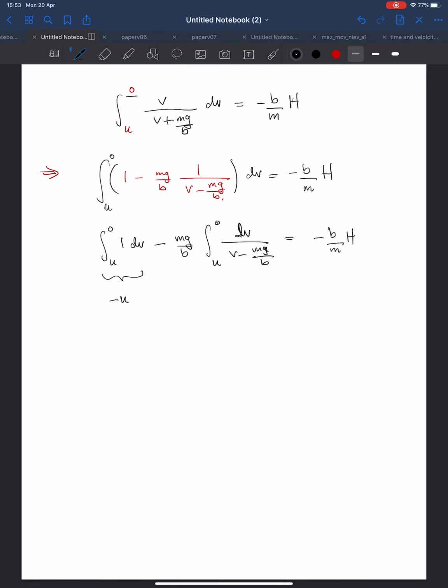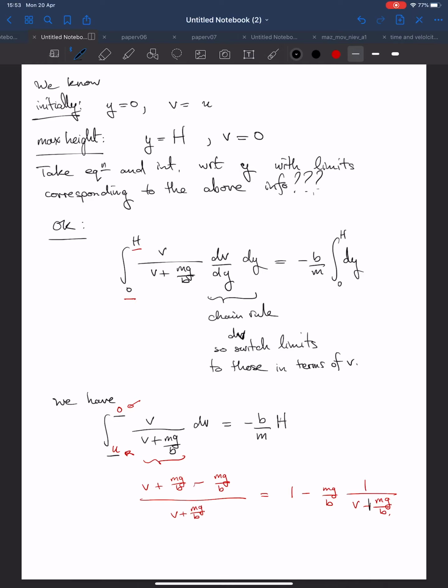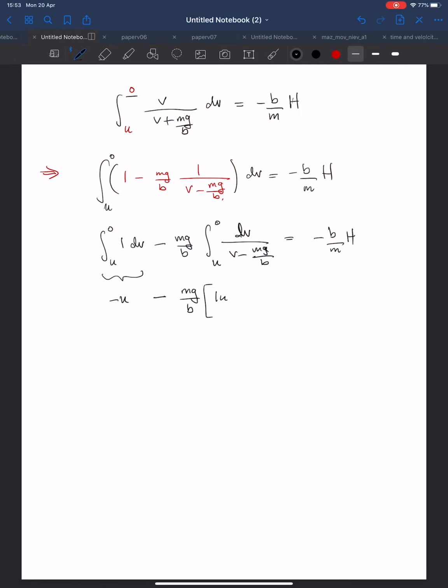This one here, of course, gives me the following to compute. Logarithm. Sorry, there is something wrong here. That should be plus. That should be plus.